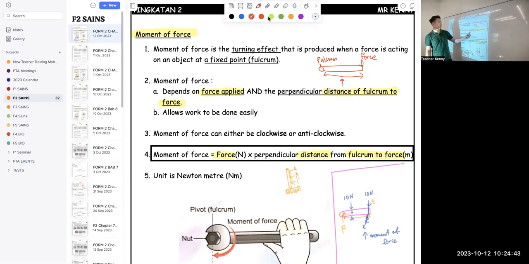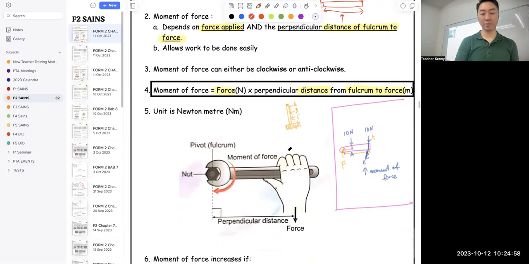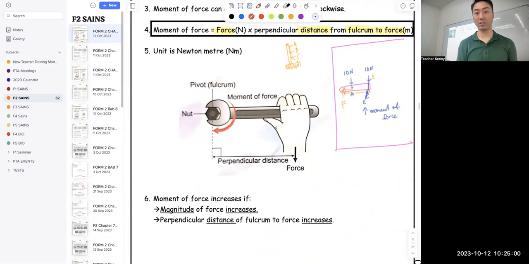Perpendicular to what? Perpendicular distance means the force is here and the distance is this one. Understand? Perpendicular distance is a 90-degree distance. So moment of force allows your work to be done easily if it's higher. Let's look over here since there's a formula already.